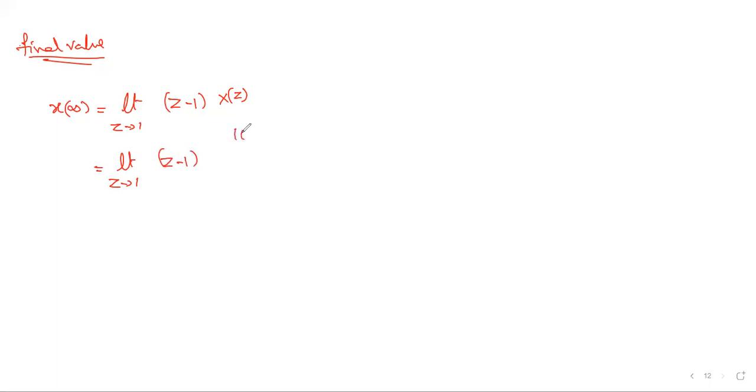To find the final value, we need to apply the final value theorem, right? So what is the final value theorem? X of infinity is equal to limit z tending to 1, z minus 1 into x of z. What is x of z? X of z is nothing but 10 into z by z minus 0.4, whole divided by z minus 0.5 into z minus 0.3.